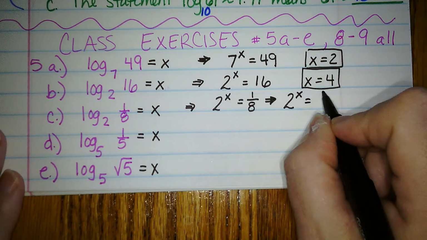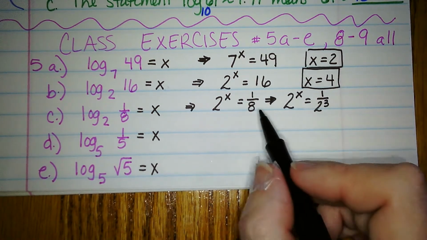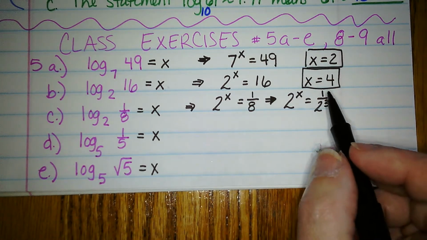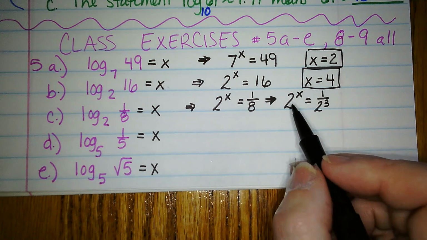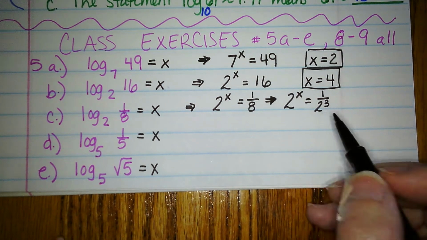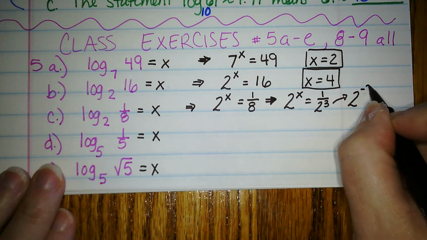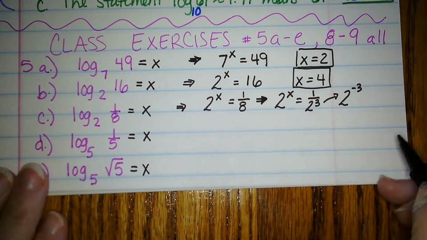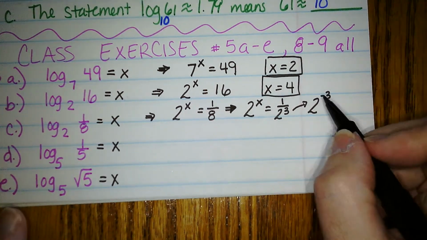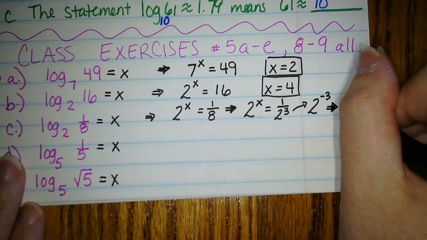So this is 1 over 2 to the 3rd. 2 to the 3rd is 8. So we want to get them with a common base so that we can see. And we want this fraction written as 2 to the whatever power. And remember, when there's an exponent of 3 in the denominator, that means that there's going to be 2 to the negative 3 in the numerator. So that means that our x value has to be negative 3. That's what's going to generate our fraction.